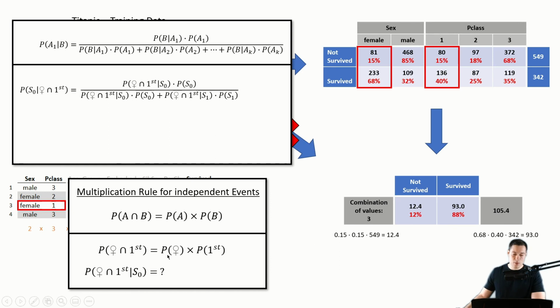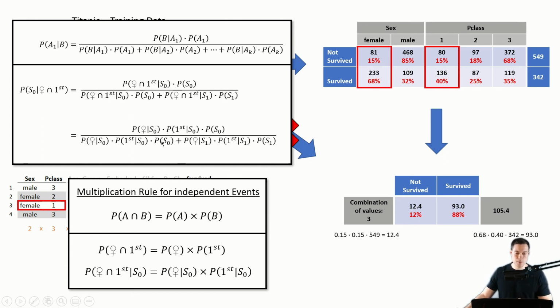Therefore we simply multiply the probability that a passenger is female with the probability that the passenger is traveling in first class. And here we simply want to consider non-survivors. So we simply multiply the probability that a non-survivor is female with the probability that a non-survivor travels in the first class. So this is how we can get rid of this AND operator here.